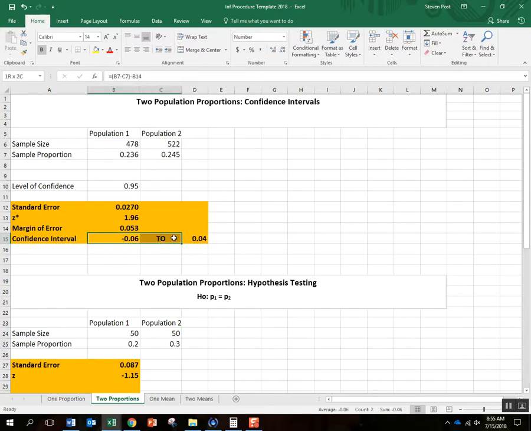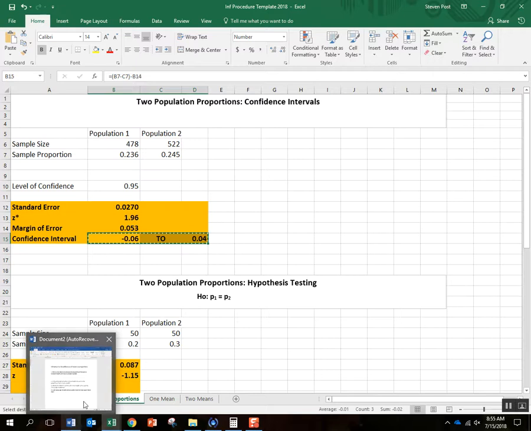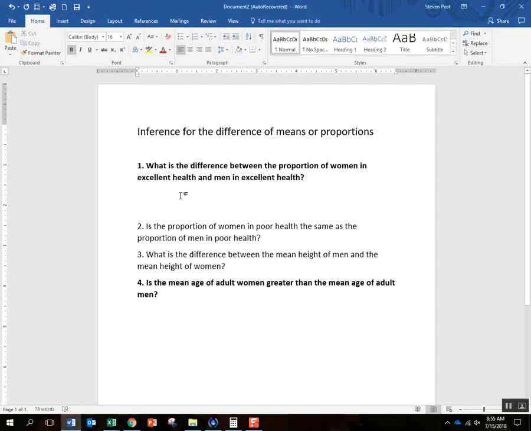So we'll just copy those numbers. And this was a 95% confidence interval.